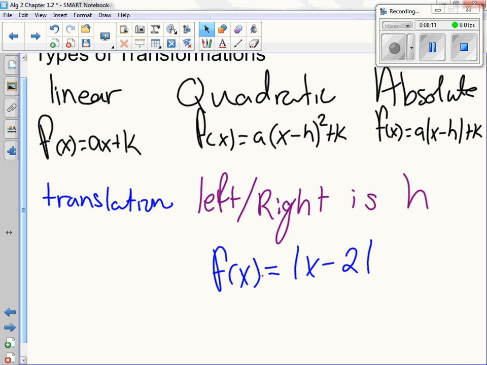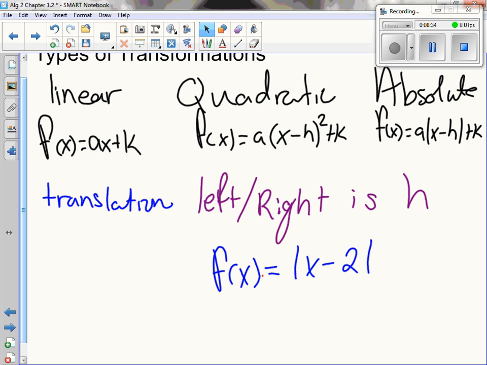Looking at that one there, the absolute value of x minus 2. So obviously it's moving 2 units to the left or right, yes? Is it 2 units to the left or 2 units to the right? It's to the right. It is 2 units to the right.